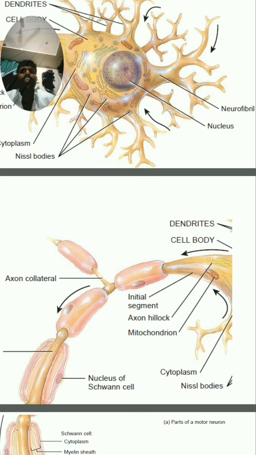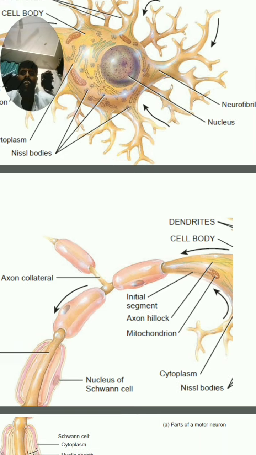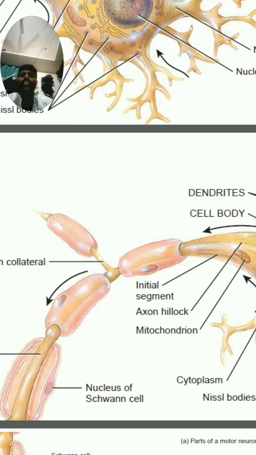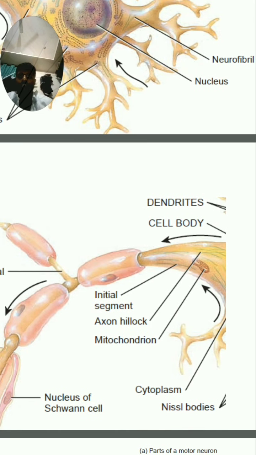An axon is a long, thin, cylindrical projection that often joins the cell body at a cone-shaped elevation called the axon hillock. In most neurons, nerve impulses arise at the junction of the axon hillock and the initial segment, an area called the trigger zone, from which they travel along the axon to their destination.